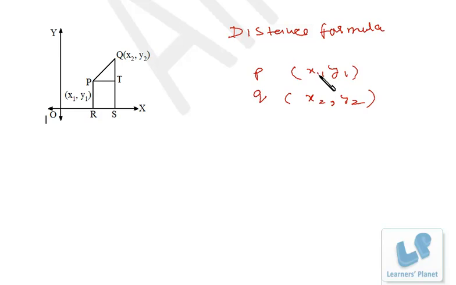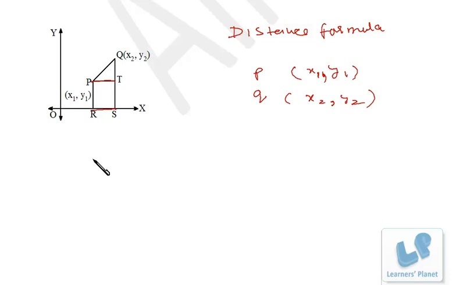Now we have to find out the distance between P and Q, right? So what I do is we make a triangle: we join P and Q, then take 2 points on the x-axis, R and S, right? Now the distance between RS will be equal to the distance between PT. That means this distance is equal to this distance, right?